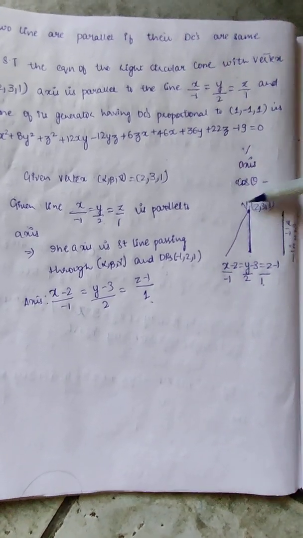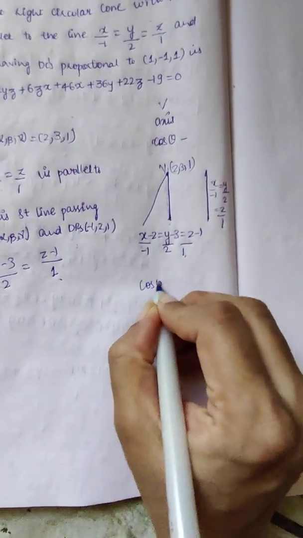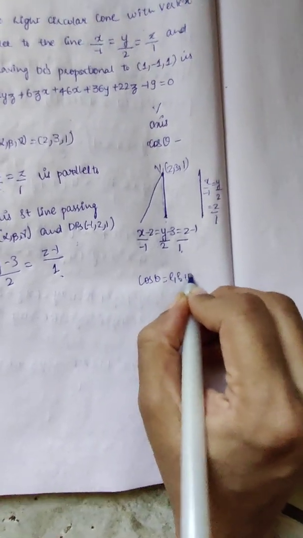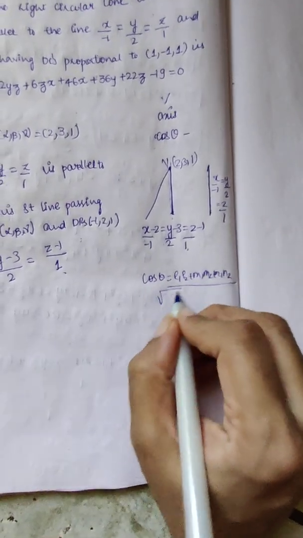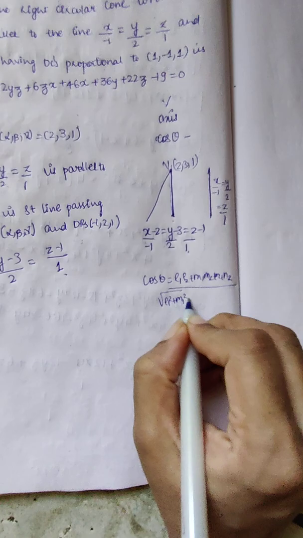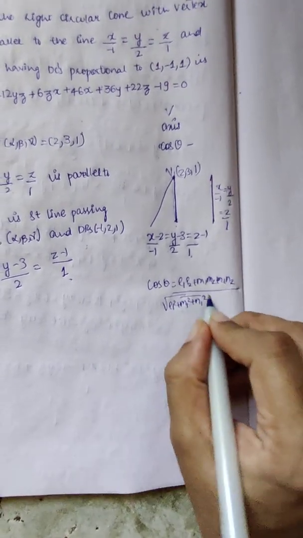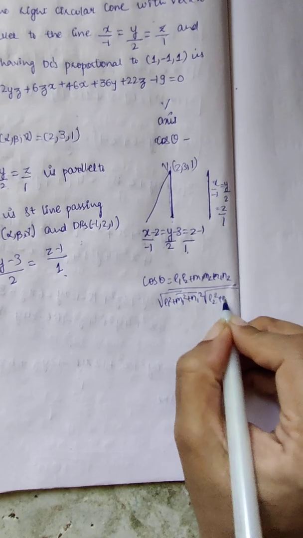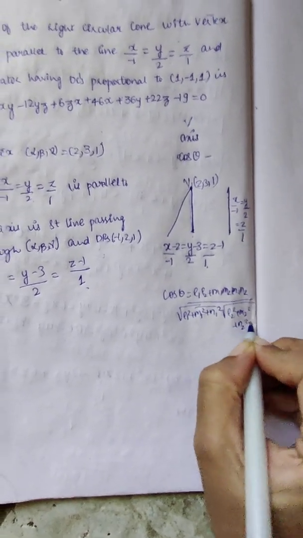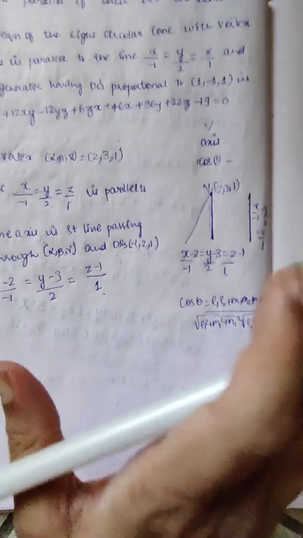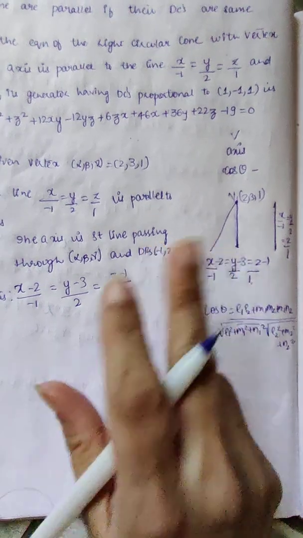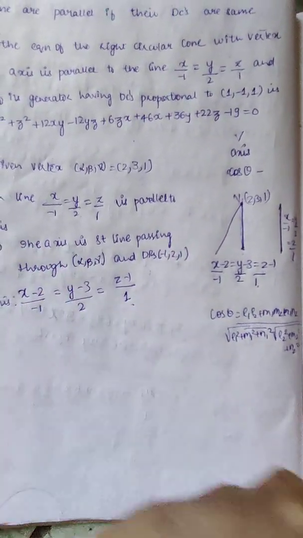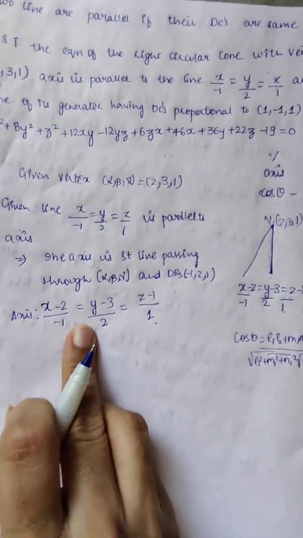You'll remember that I have a formula for cos theta: it's nothing but L1 L2 plus M1 M2 plus N1 N2 divided by the square root of L1 squared plus M1 squared plus N1 squared, into the square root of L2 squared plus M2 squared plus N2 squared. If I plug into this formula, I will get my cos theta angle also. But in that case, I need two sets of DRs: one is L1, M1, N1 and the other is L2, M2 and N2. I can get my L1, M1, N1 from the given axis.